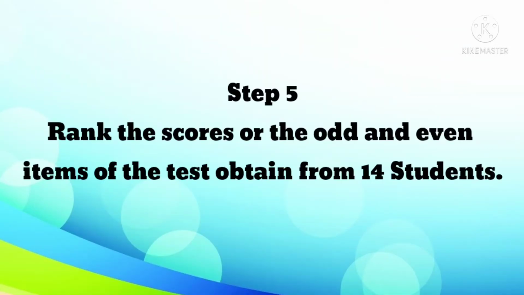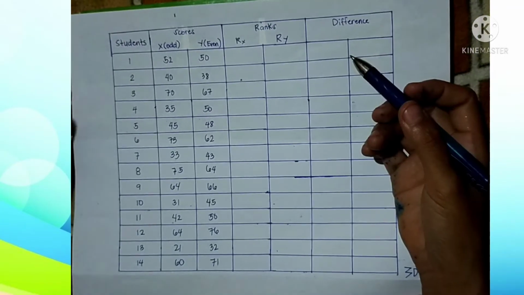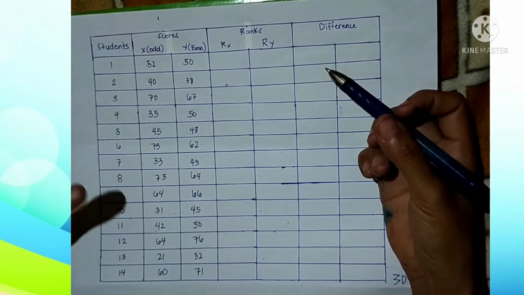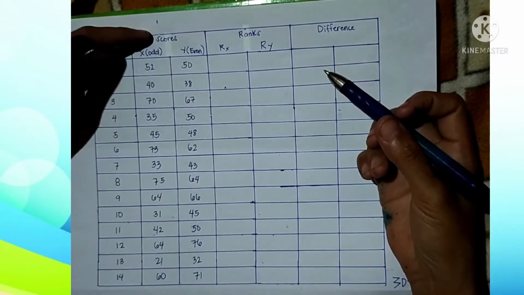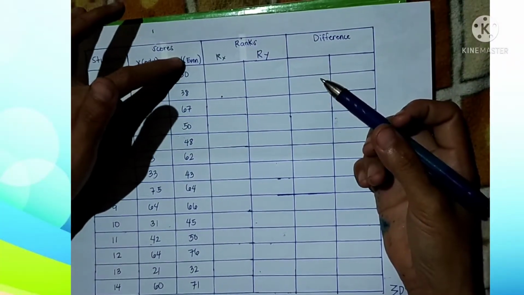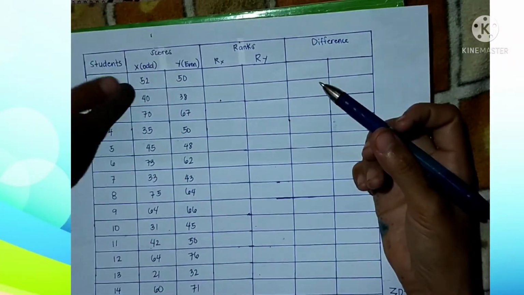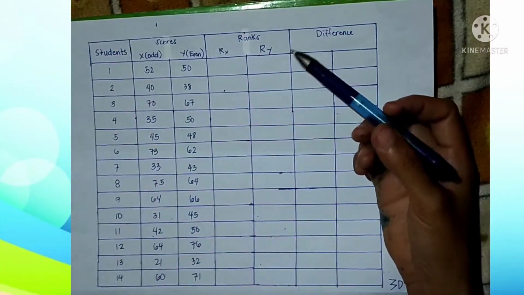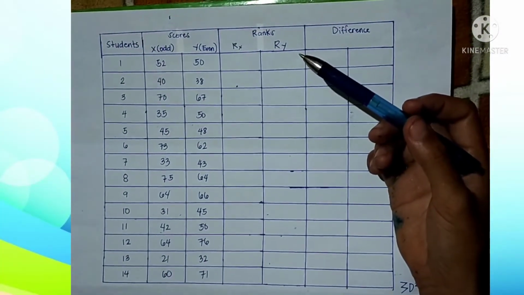Step 5. Rank the scores of the odd and even items of the test obtained from 14 students. In this data, we have 14 students and the scores of odd and even items, or the X and Y. So we're going to rank the highest to lowest scores of odd and even items.